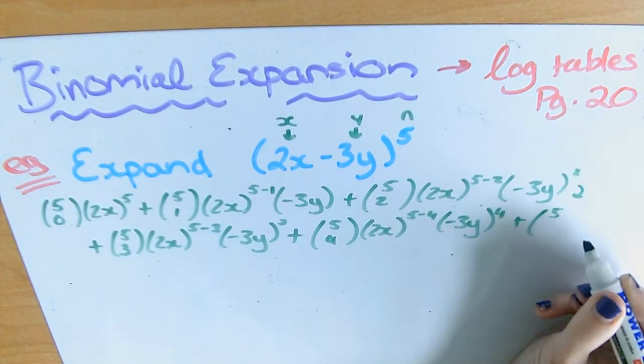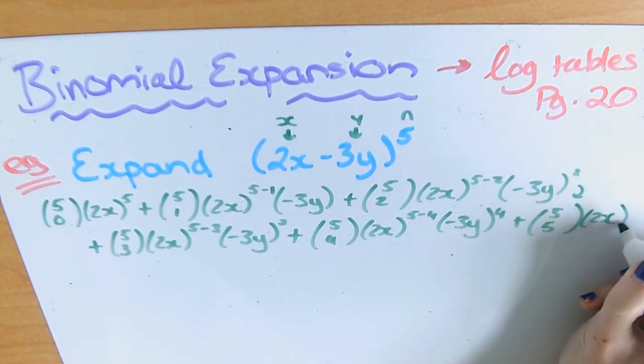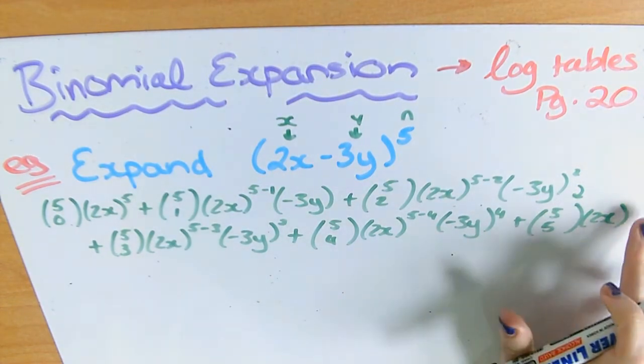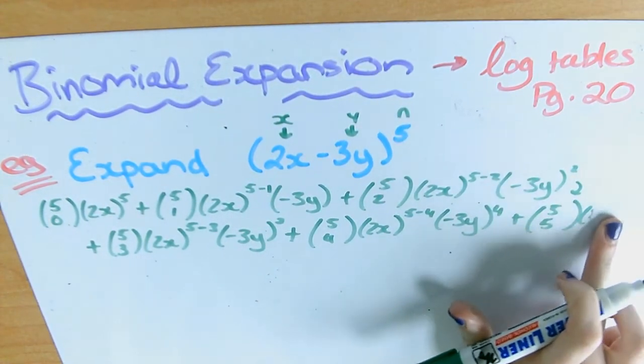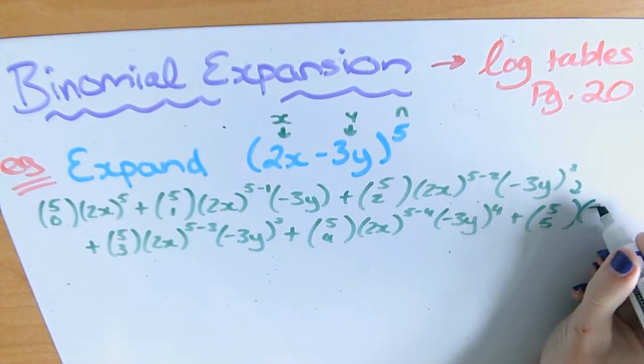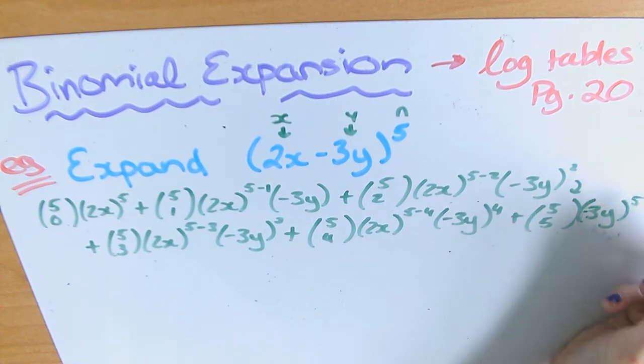Plus 5 choose 5, 2x to the power of 0, because 5 minus 5 is 0, so this one is actually just gone. Okay, so it's 5 choose 5 by minus 3y to the power of 5.